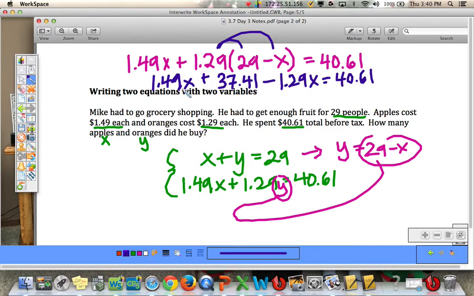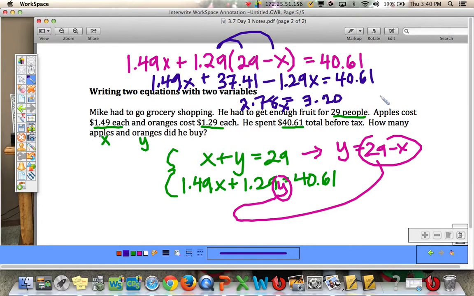Combine like terms, so $1.49 plus $1.29 is $2.78 equals, subtract 37.41 from each side, 40.61 minus 37.41. So we'll get, so this will be x equals 320, and divide that by 278.